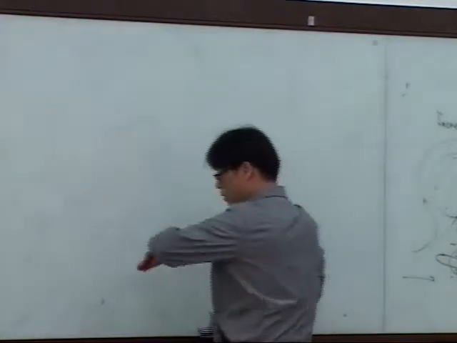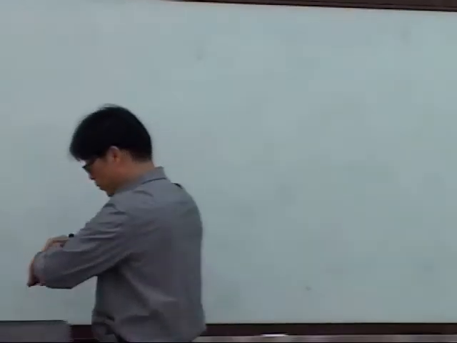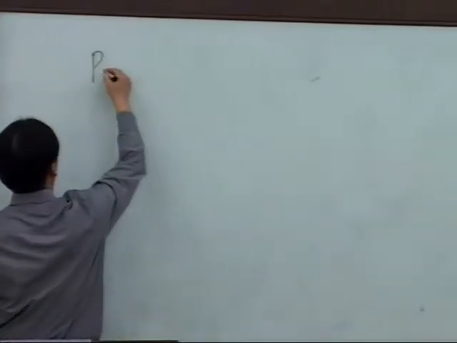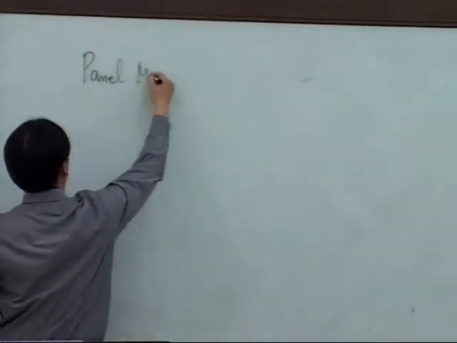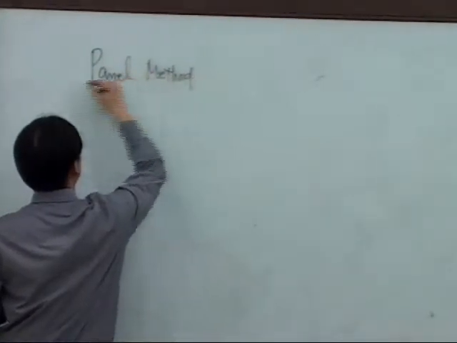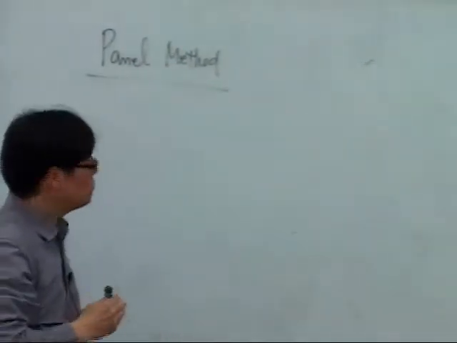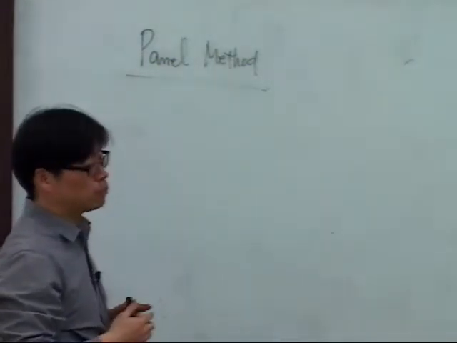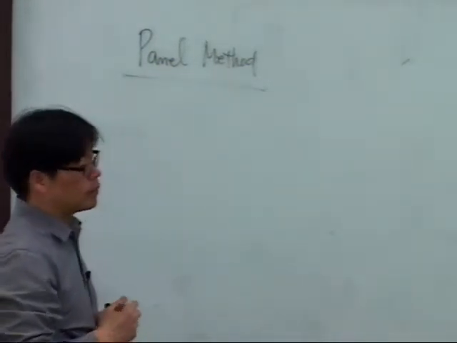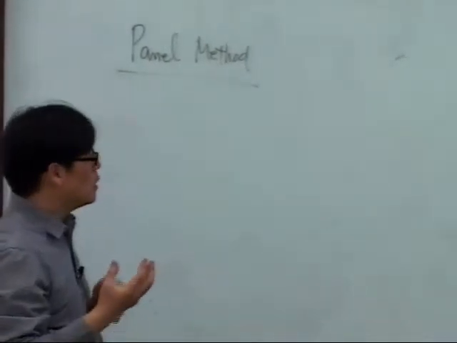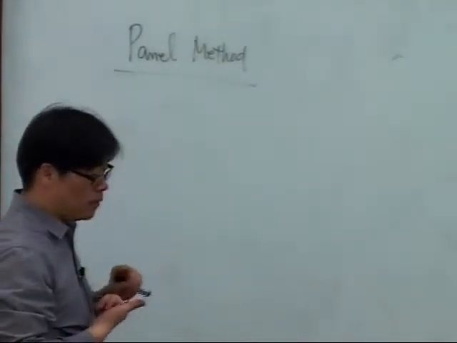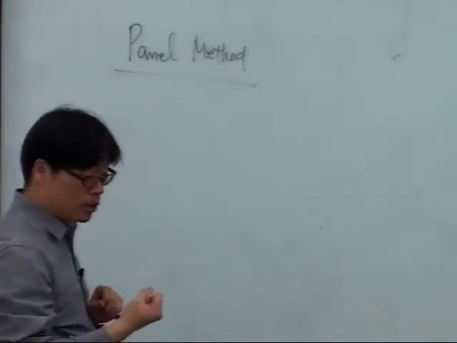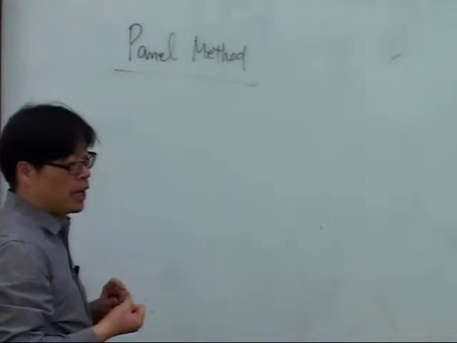Another method to solve the Laplace equation for a body in a uniform flow is the panel method. So first of all, if geometry is very simple, like a circle, we know how to solve it.